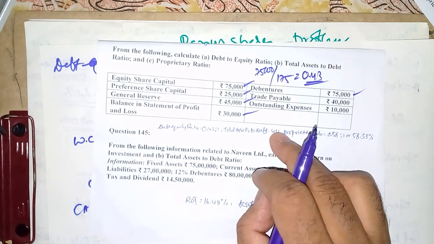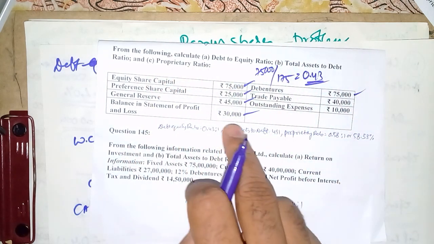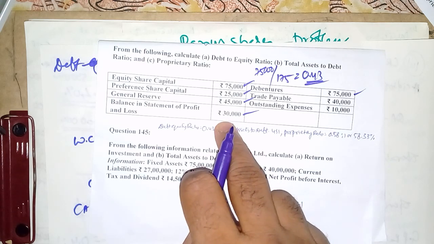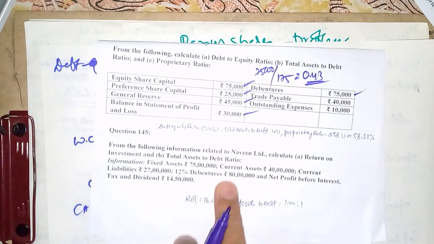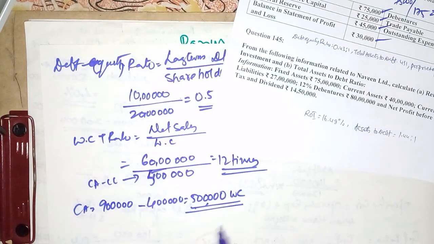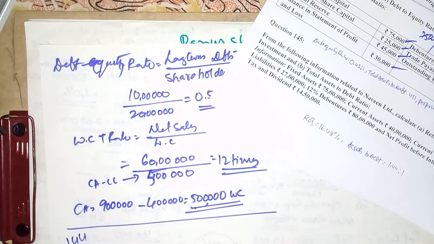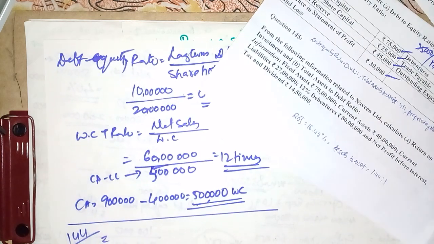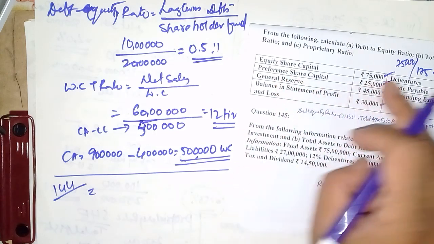Clear? Next is total asset to debt ratio, right? How to calculate total assets? In this question, total assets is equal to the summation of these liabilities.